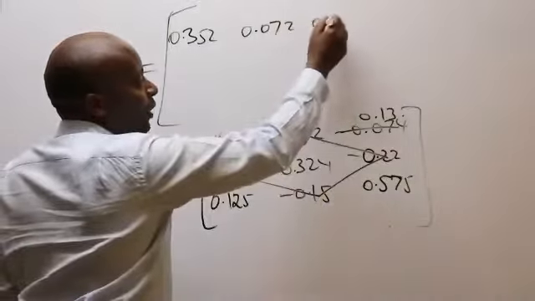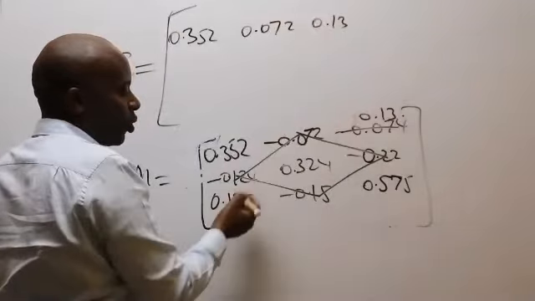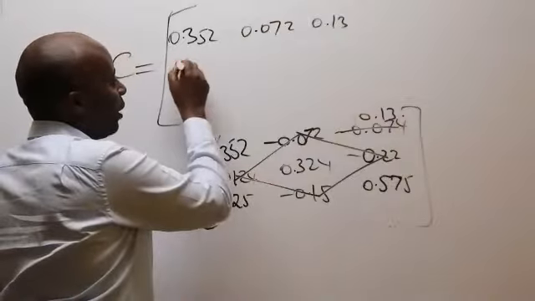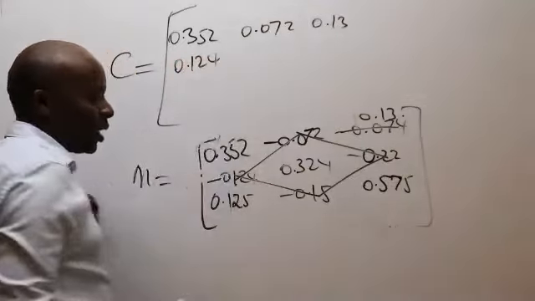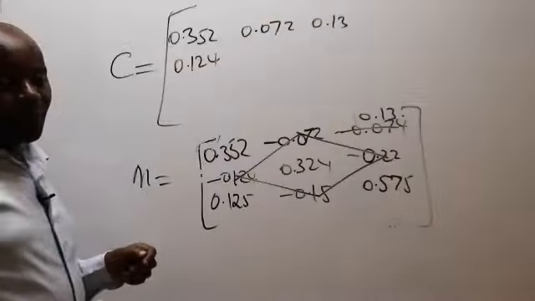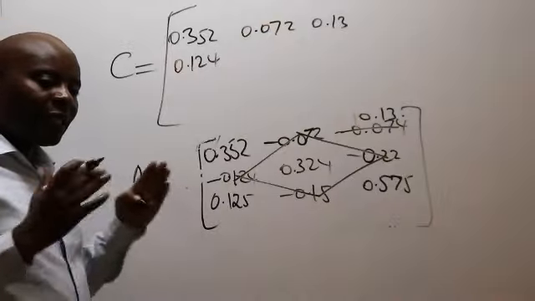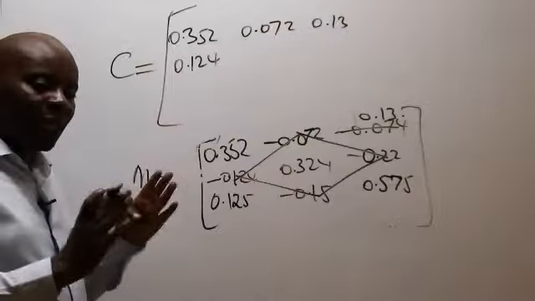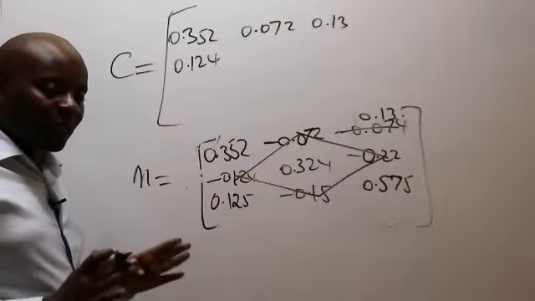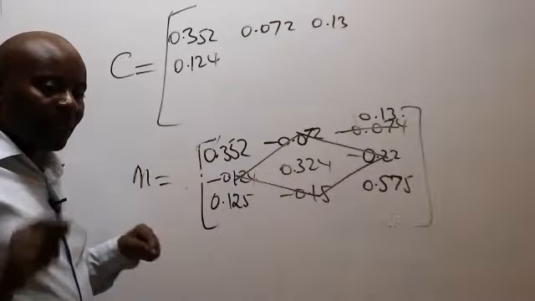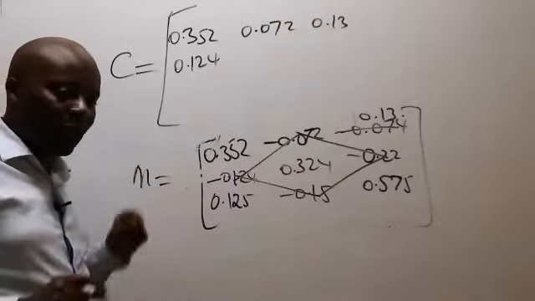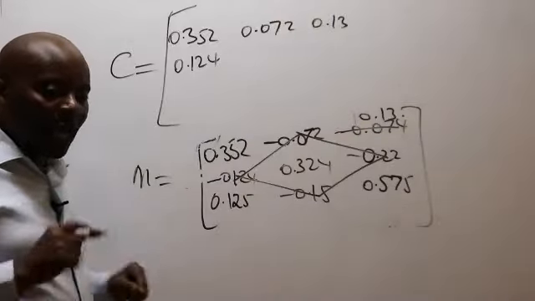This becomes positive as well, 0.13. So come here. Here what do we have? It was negative. Now it becomes what here? Positive. So basically the cofactors and the minor elements are going to be the same, except for the fact that all the minor elements that have been touched by the corner of the diamond must always have their signs changing.